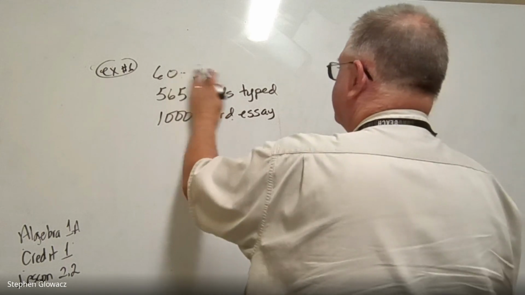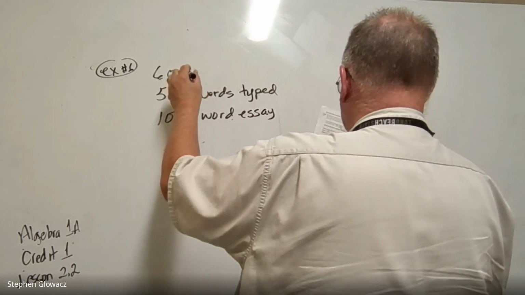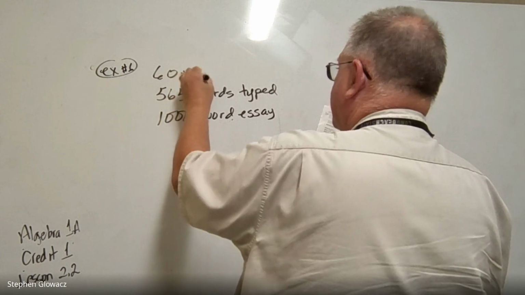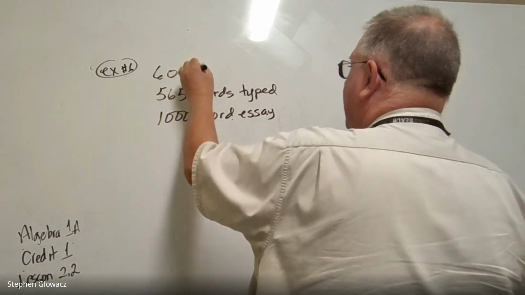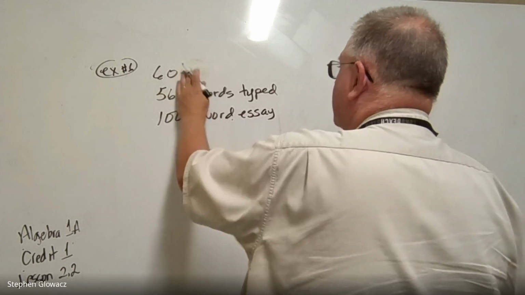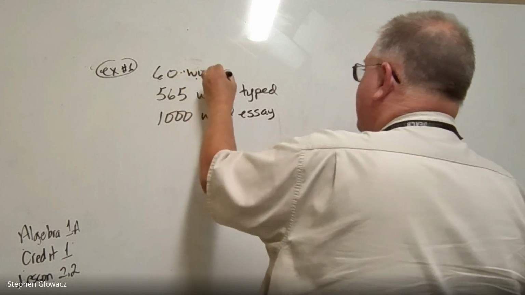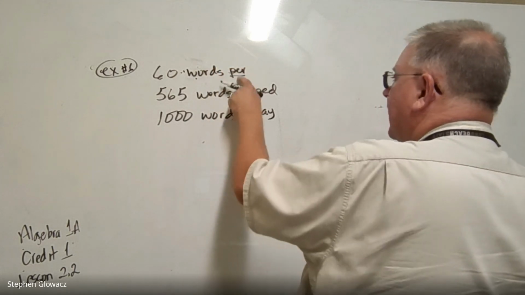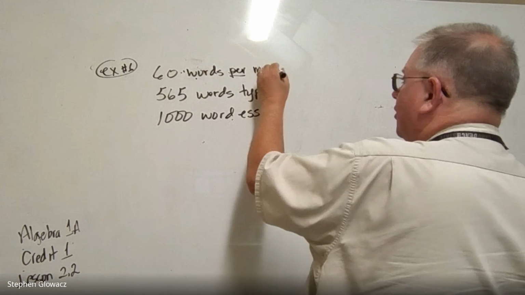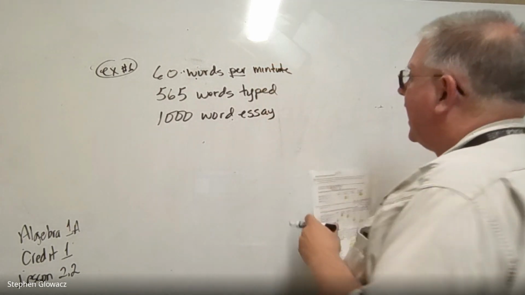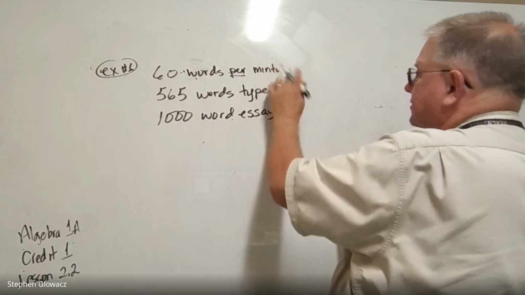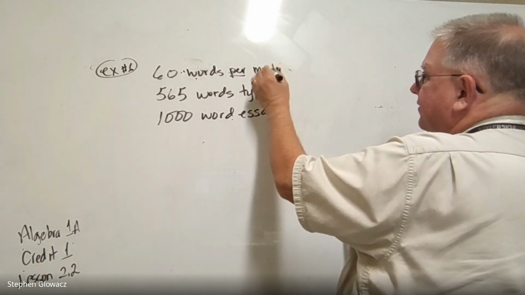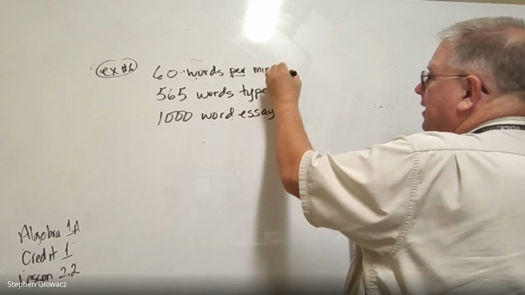So that's not 60 miles per hour. Let's try that again. Words per minute. There we go. Words per minute. And maybe we should write that out because we want to draw attention to the fact that we have that word per in there. And per tells us we're multiplying. And it also tells us very often that's where our variable is going to go.